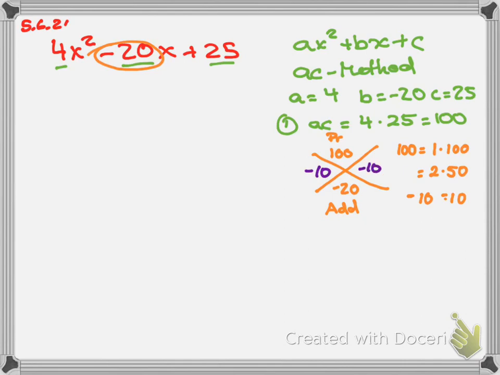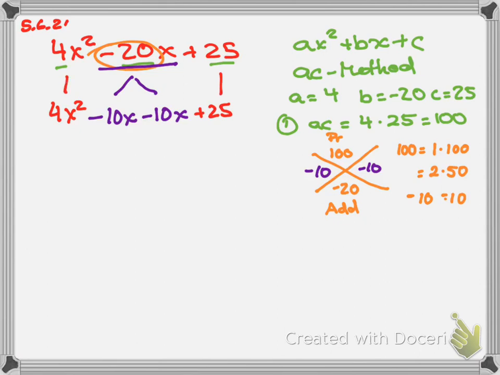So now this negative 20, this middle term, has to be rewritten into negative 10x minus 10x. I'm using the two numbers that I found, and I'm just going to rewrite the negative 20x into negative 10x, negative 10x. The first term stays the same, so I bring down the 4x squared, and the last term also stays the same, 25.